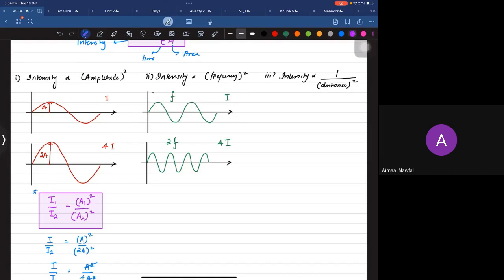All you need to do is learn this formula. The intensity of the first wave over the intensity of the second wave will be equal to frequency of the first wave whole square divided by frequency of the second wave whole squared, like that. And this will give you the intensity without even taking ratios. It's so simple like that. Okay? You guys get it? Yes.